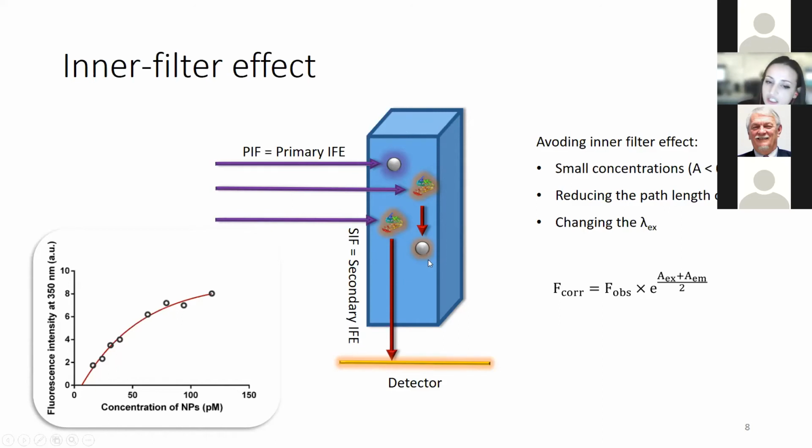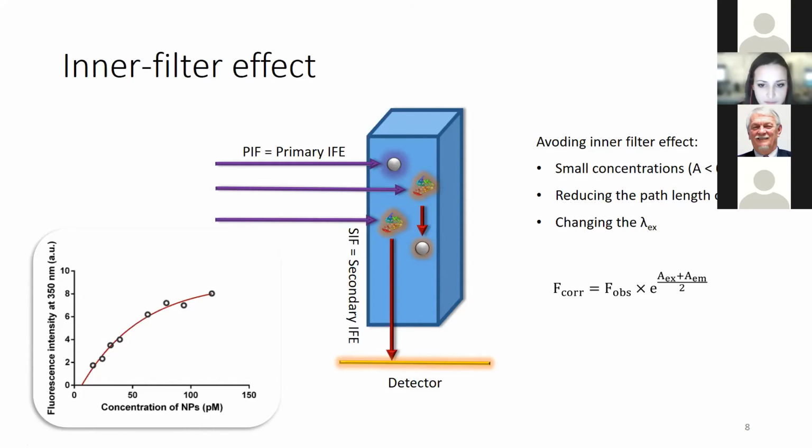How can you determine whether you have it or not? It's very easy. Nanoparticles have some kind of fluorescence, but this fluorescence is not that high, so the intensity is up to, let's say, 10 units. And as long as you have a linear relationship between fluorescence and concentration of nanoparticles, you're in the range where you don't have this effect.